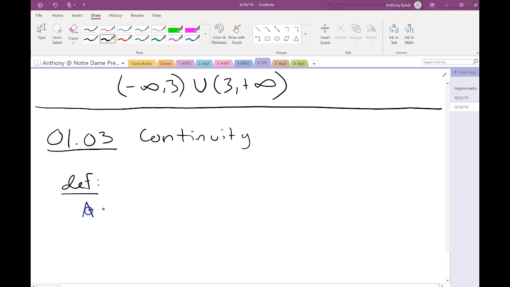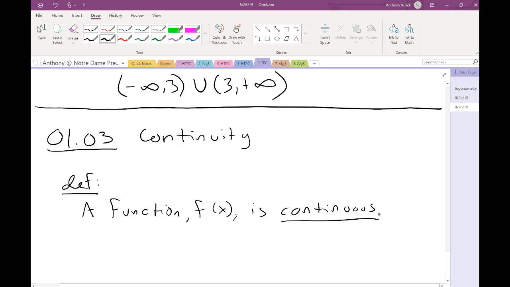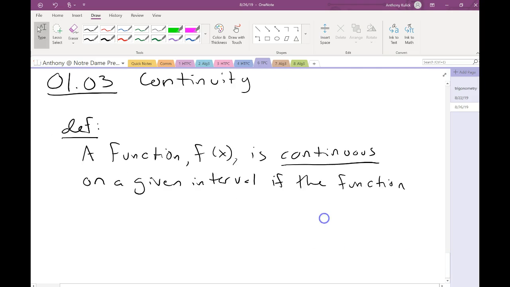Yeah. So we'll say a function, and the function I'm going to refer to is going to be called f of x, is continuous on a given interval if the function does not appear to "break" at any point on that interval.